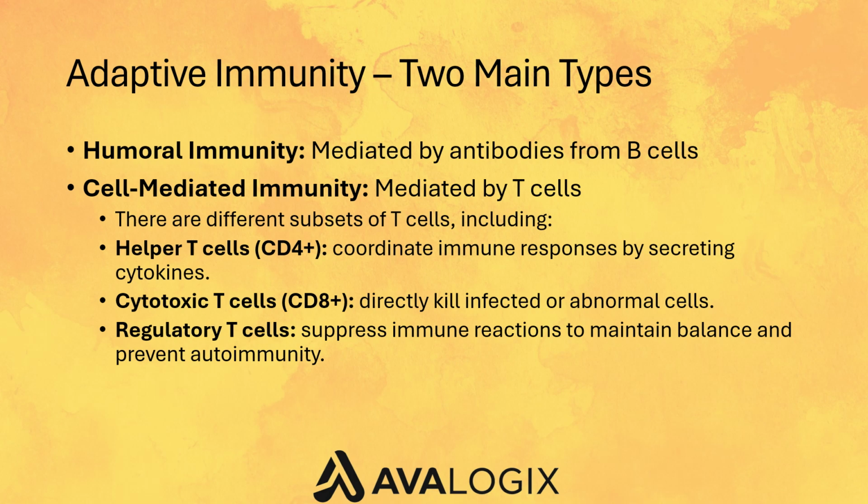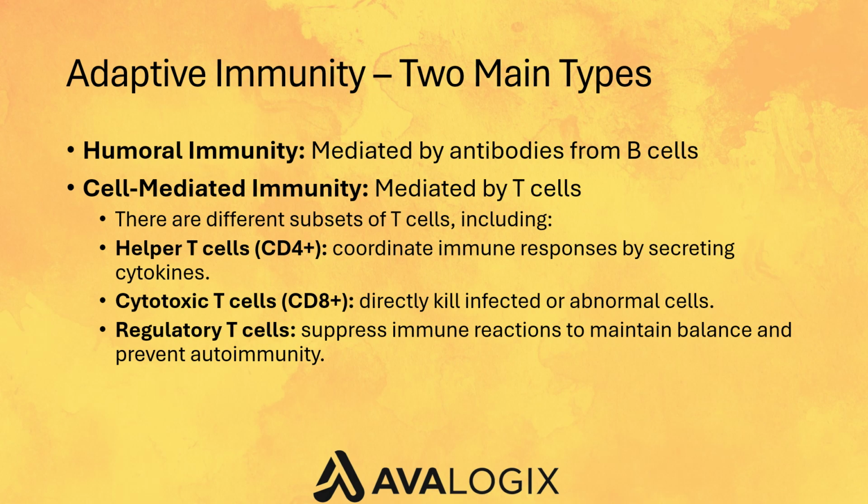These antibodies neutralize pathogens, preventing them from invading cells, and flag them for destruction by other immune cells. Cell-mediated immunity is driven by T lymphocytes, which do not produce antibodies but play critical roles in identifying and eliminating cells harboring intracellular pathogens like viruses or certain bacteria. T cells also regulate immune responses and maintain tolerance to avoid attacking the body's own tissues.